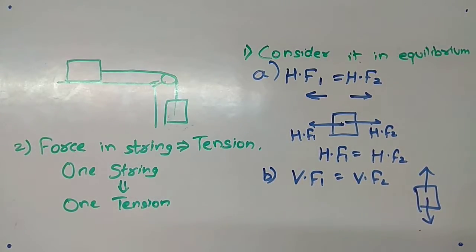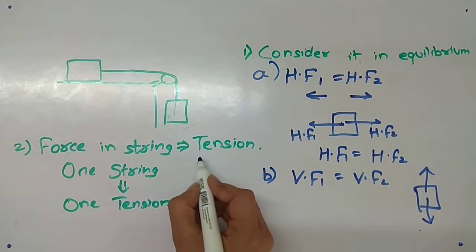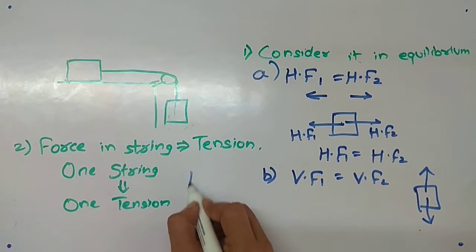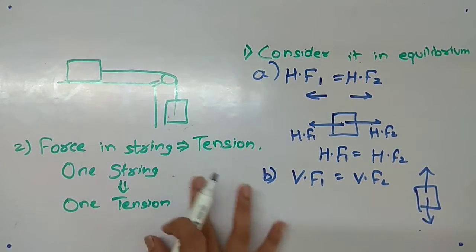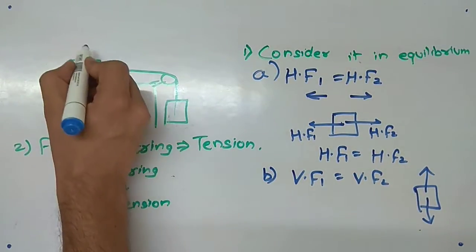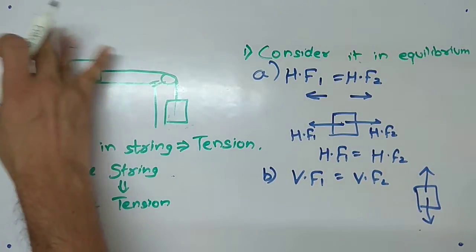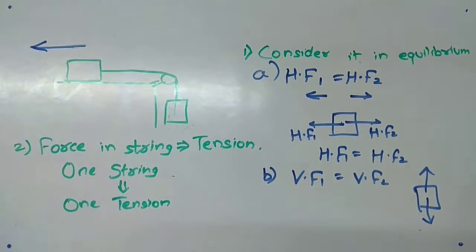Now we'll be moving on to the third part. These are just sub parts of this. Always remember, tension acts away from the object. I will just show you with this example. See, just imagine that this object is moving backwards or forward. We are just taking it as backward.